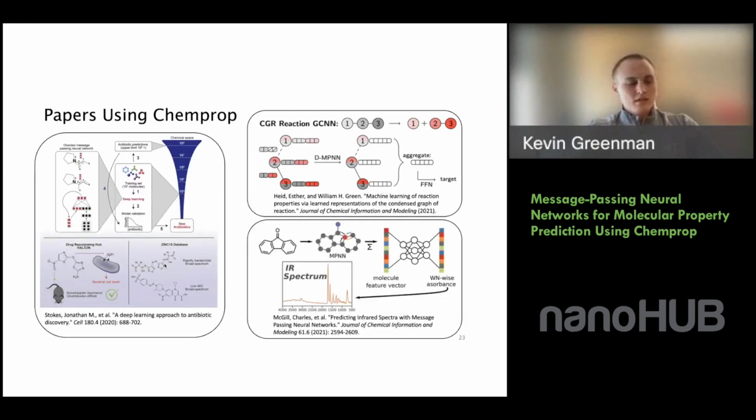So now, the last thing before I wrap up, just wanted to give a couple of examples of papers that have used Chemprop so far out of our groups, just to give you a sense of what Chemprop is capable of.